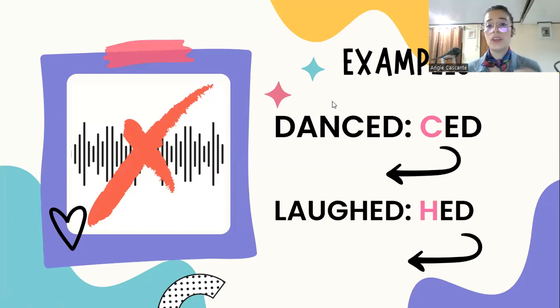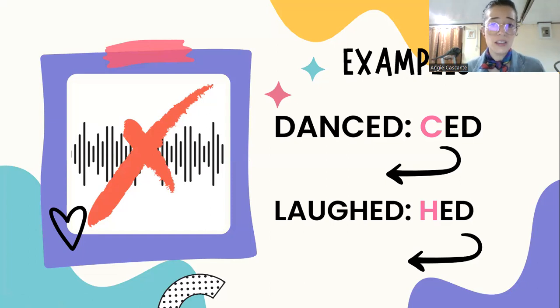Okay, we have the word dance and the word laugh. When we have the word dance, we add a D at the end to make it simple past, right? But remember, it's not the final vowel, but the final consonant. So which is the final consonant in the word dance? It's the letter C, right?